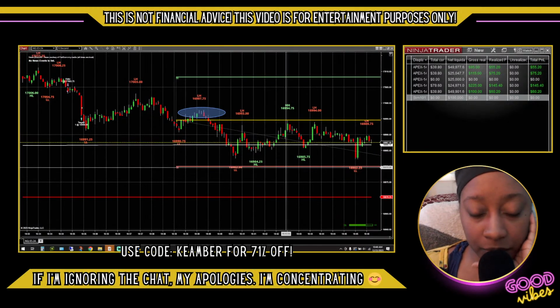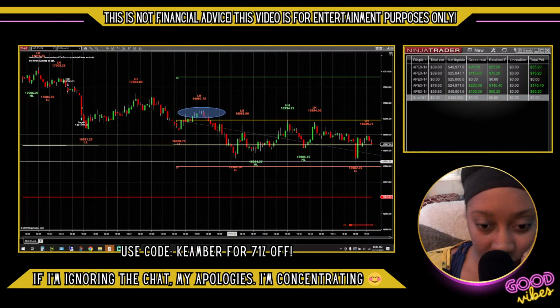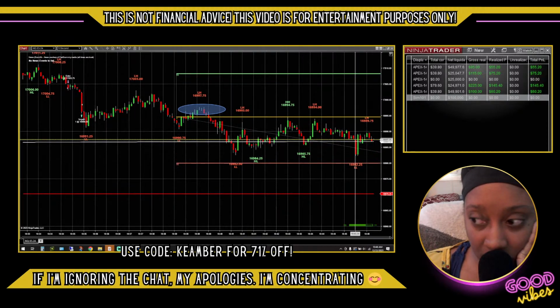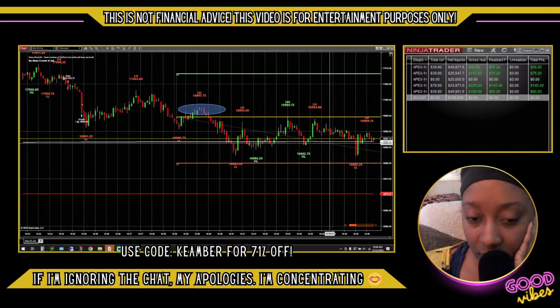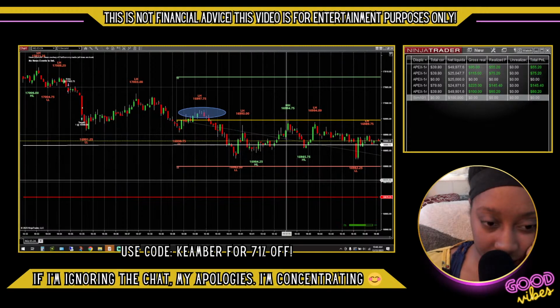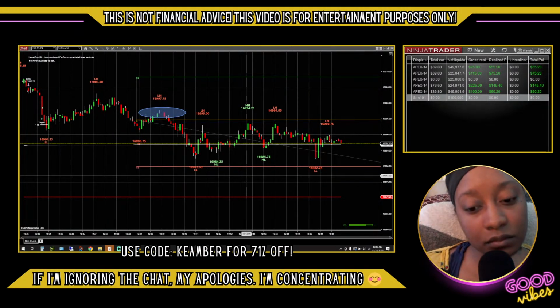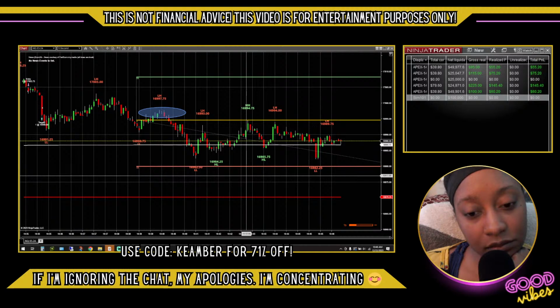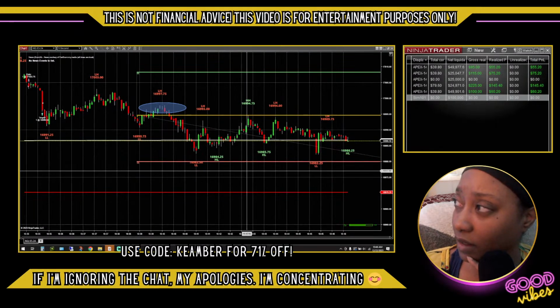Got a little bit of wiggle room left. Just creating a double bottom here near the mid VWAP line. That might help to push it back up. And you said you do a 1 to 2, right? Yeah, 1 to 2.